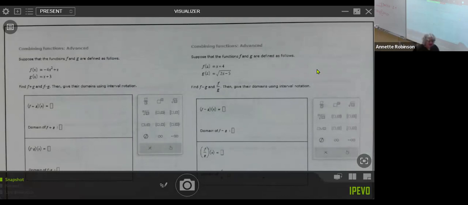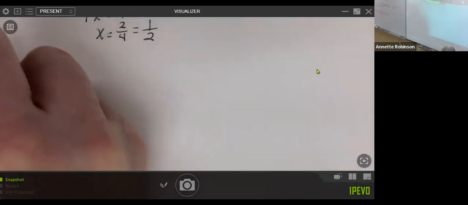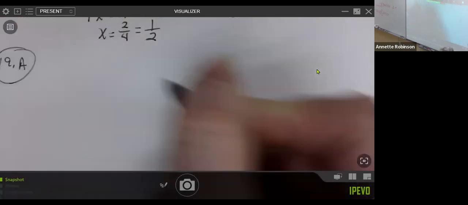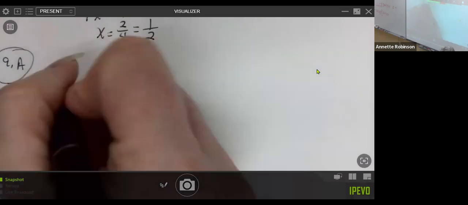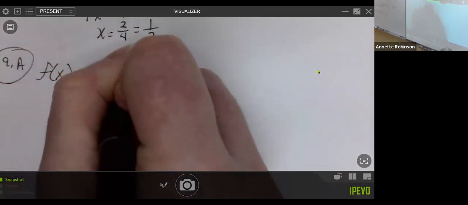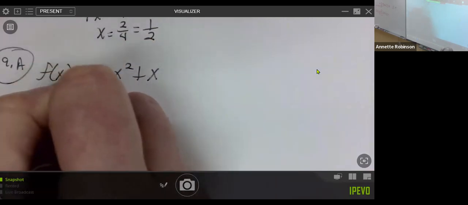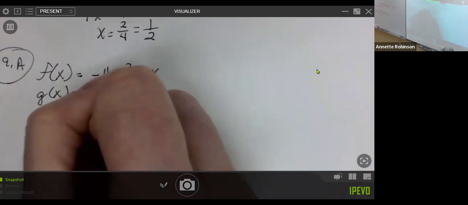Starting with this slide number 19, considering this A, we're given that f of x is negative 4x squared plus x, and g of x is equal to x plus 3.